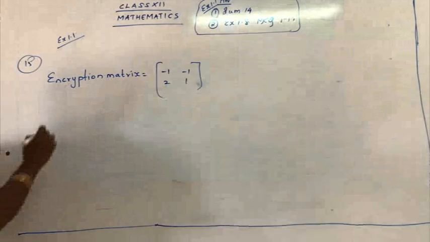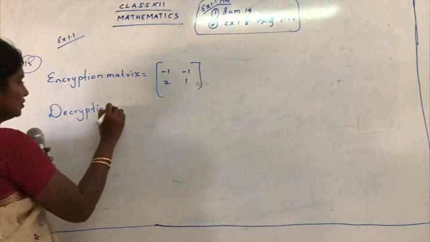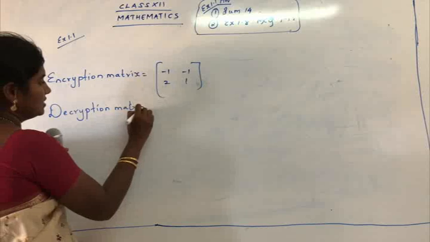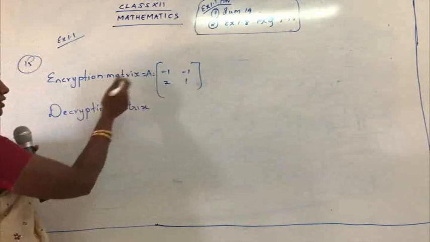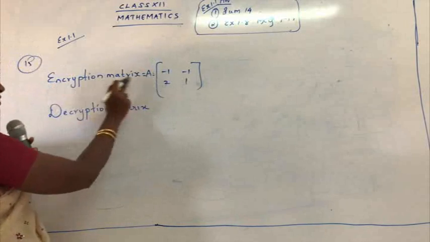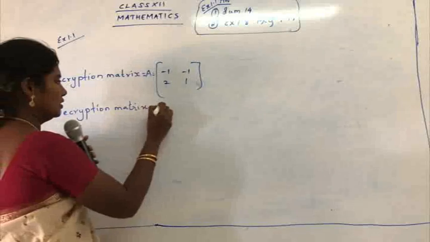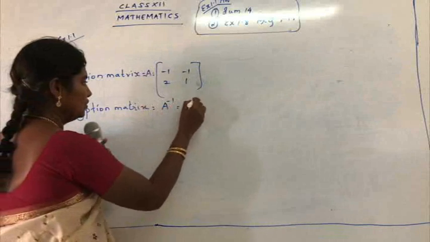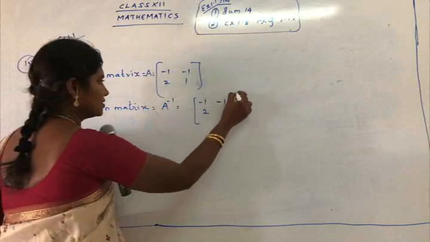So now what's decryption? Just include over here. I'm writing A because again and again I cannot write this. So just take the encryption matrix as A. So decryption matrix is equal to A inverse, which is equal to -1, 2, 1 inverse.